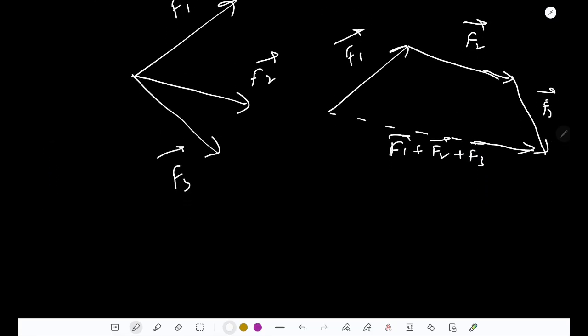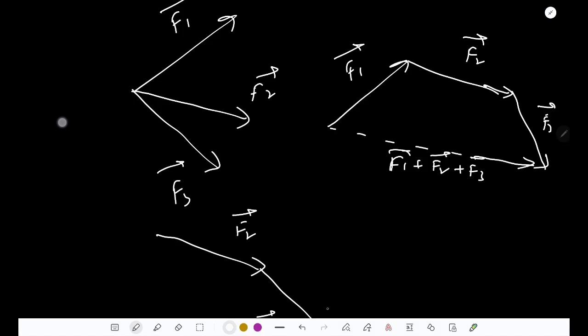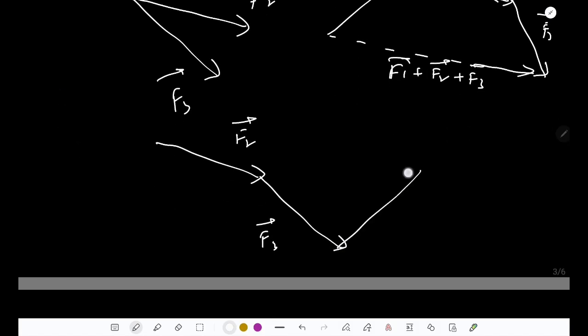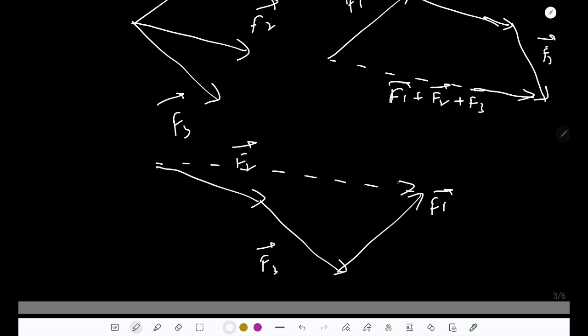And if I do the same thing, like I first take the F2 like this, and then I add it with F3. F3 is like this, and then I can draw F1 like this. We will again get F2 plus F3 plus F1 is again like F1 plus F2 plus F3. These are rough sketches.